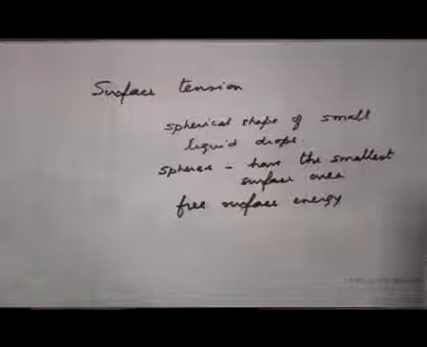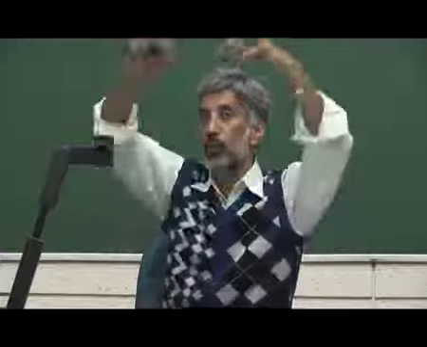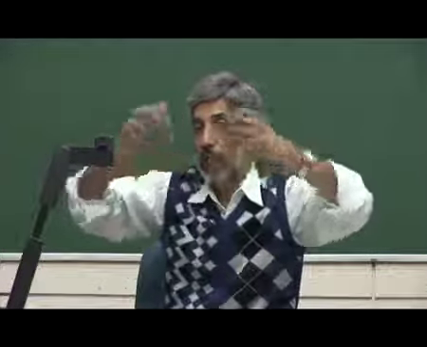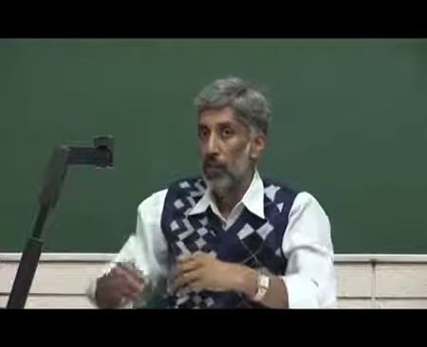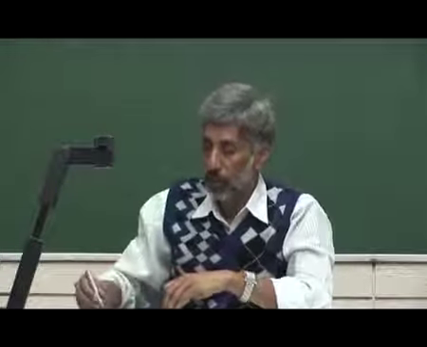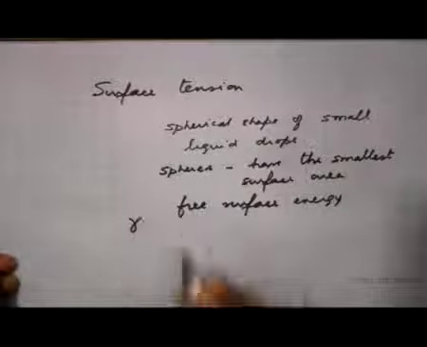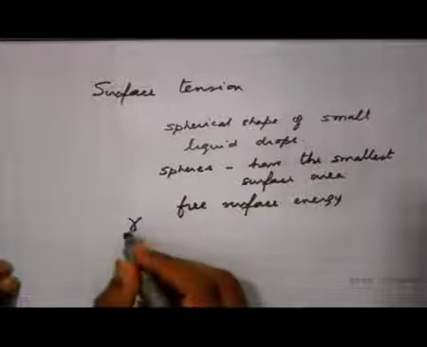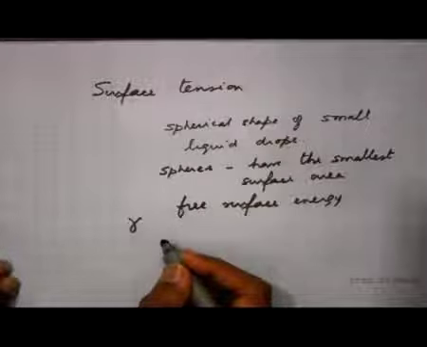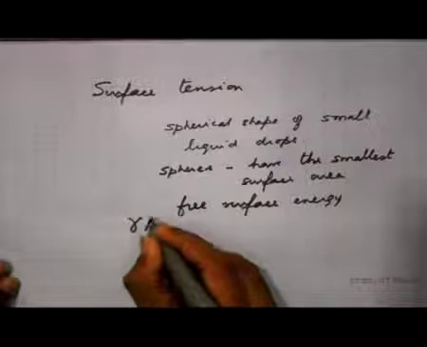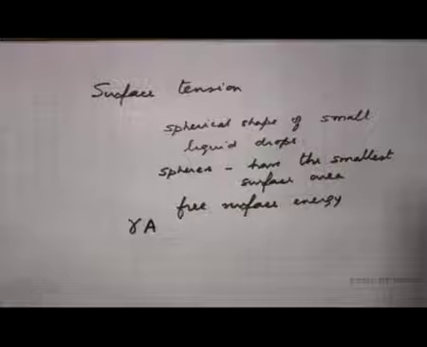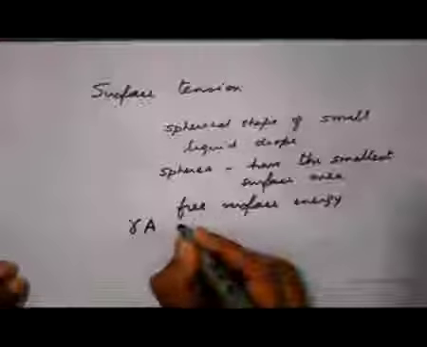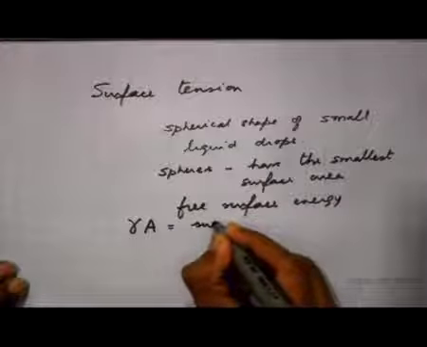So, if you took a drop or droplet and you expanded it, you increase the surface, then the energy that you have to provide to increase the surface area is called the surface energy gamma, and the energy that you will need to provide is gamma times A. So, if you have a droplet of area A, gamma times A will be the surface energy.